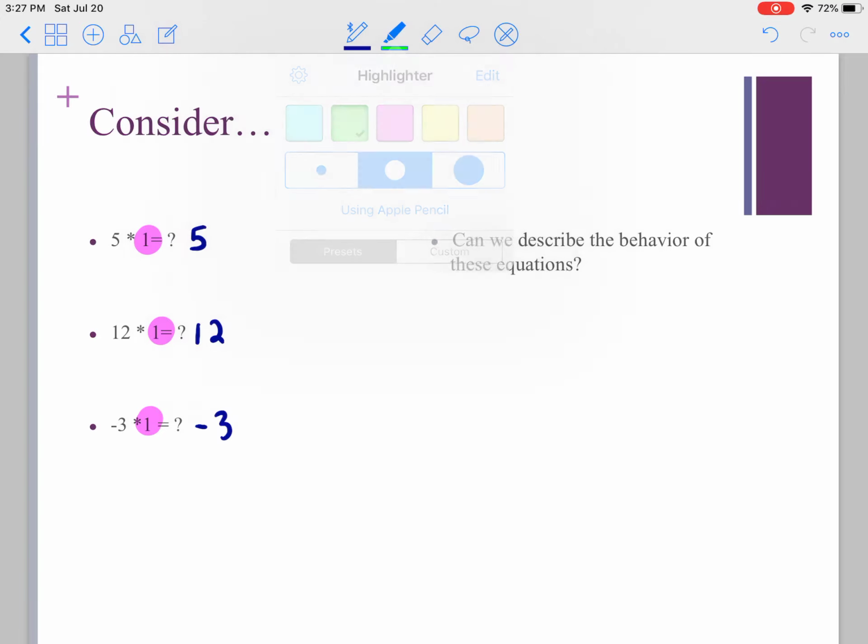In this case, 5, its identity is based on its value of 5. When multiplied by 1, it does not change its identity. It does not change its value. The same for the 12 and the same for the negative 3. It does not matter if it's a positive or negative number. When multiplied by 1, it does not change its identity.